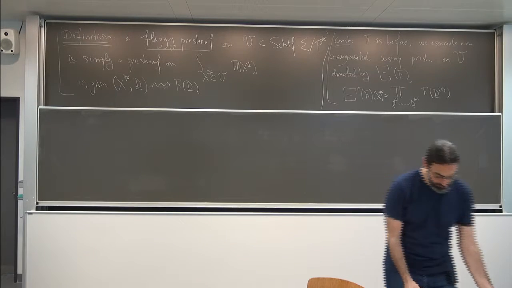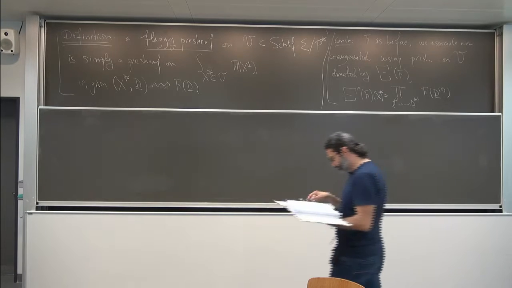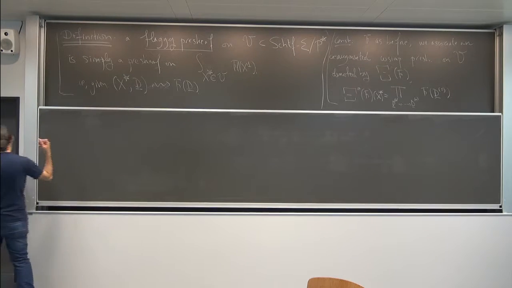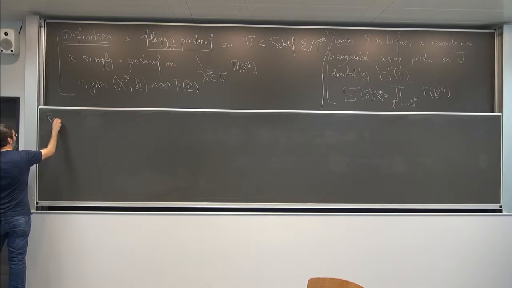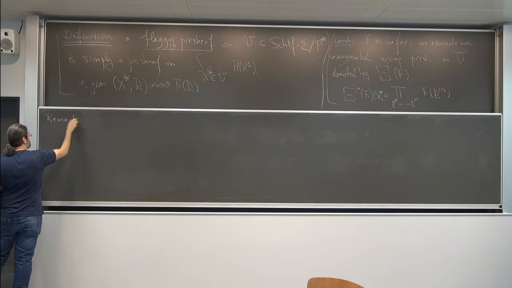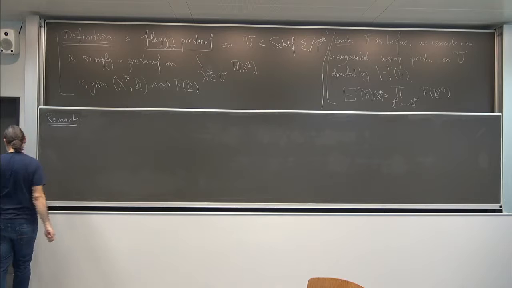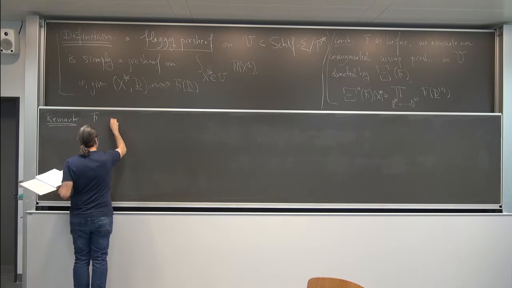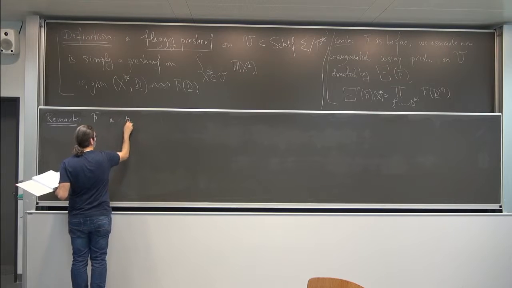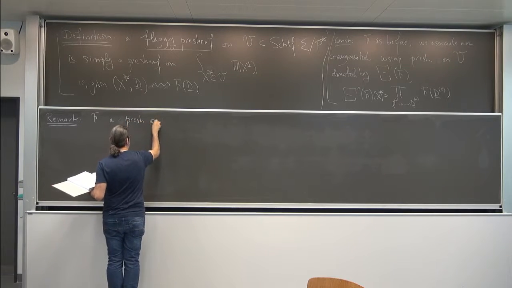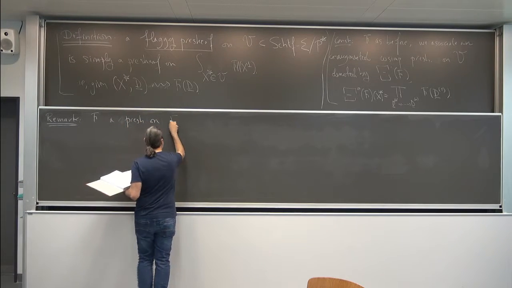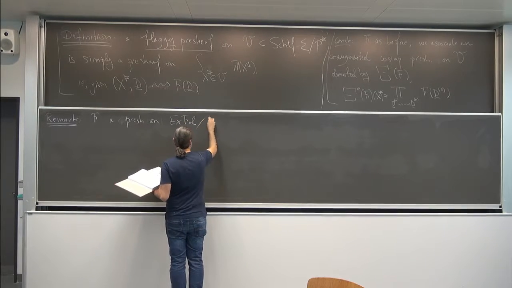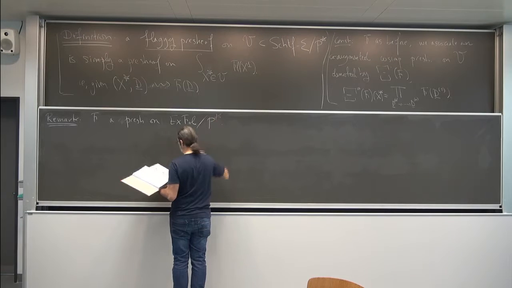Okay, so let me just make a link with the similar construction that we've seen before. Now here we start with F, a complex, or presheaf, on the category of excellent foliations over P star.